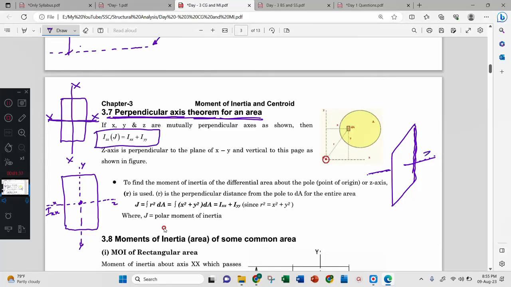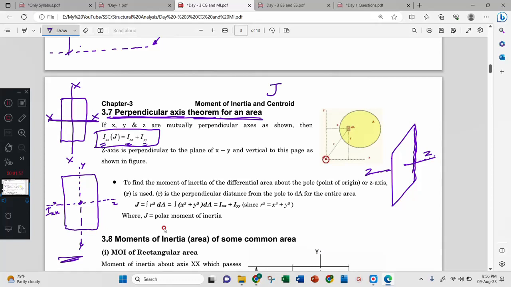Zz means this is z, z. Z is a perpendicular axis. Okay. In this diagram I cannot show, here I can show it. Correct? Adding xx, adding yy will give you zz. Okay, usually we have a notation.